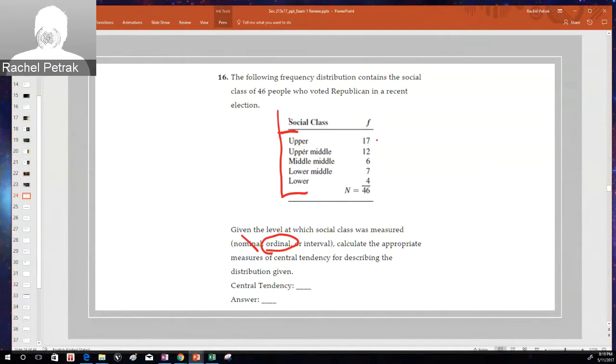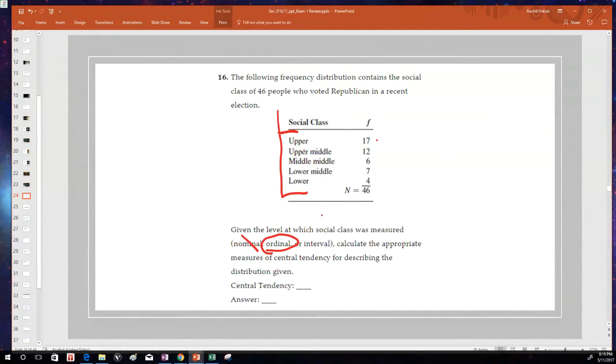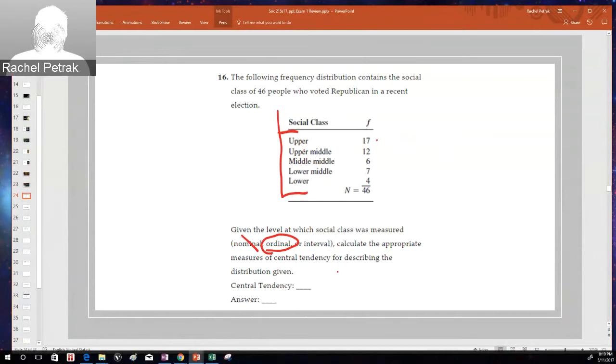Could we use the mean? Could we get a mean of these values? Sorry, but we can't get a mean of these values. No, because we just have a frequency count for the number of participants in each group, and we don't have a clear difference between the groups.